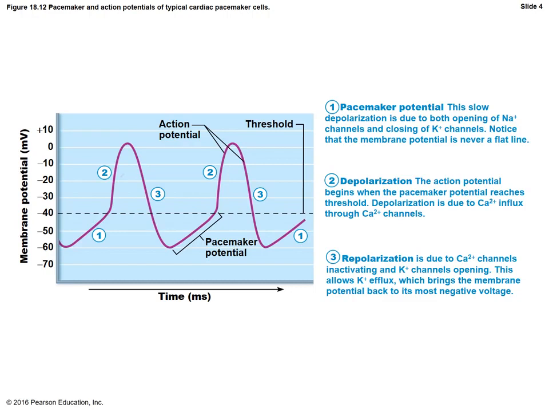Influx of calcium due to the calcium gates opening. So you're becoming even more positive. And then number 3 is the repolarization with the closing of the calcium channels and the potassium gates now opening. So the potassium, that positive charge, is now moving out. And that just keeps repeating, as you can see.